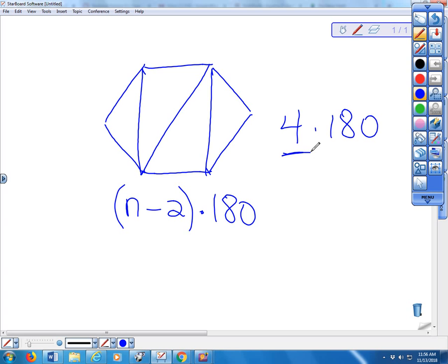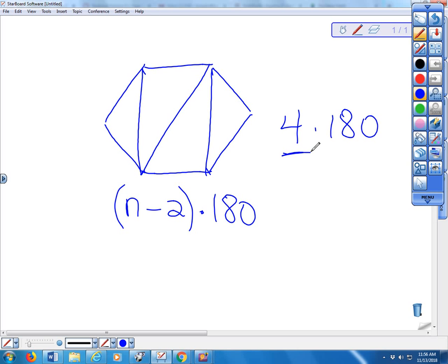And that's how you figure out the sum of the measure of the interior angles of a polygon: n minus 2, however many sides there are, times 180. If there are 100 sides, you take 98 times 180, and that tells you the sum of all the angles in that polygon. With me so far? Okay.